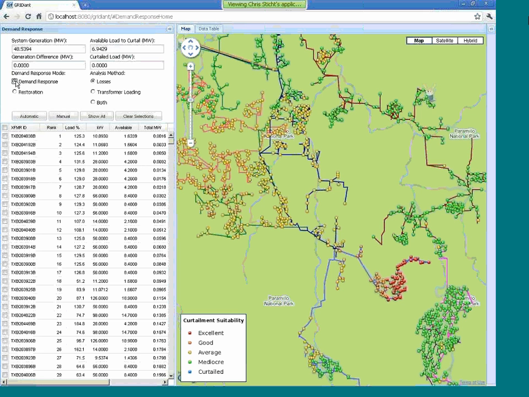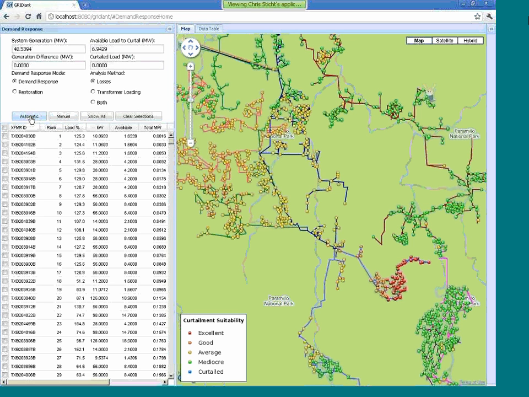From a utility point of view, they may want 1 megawatt of reduction in their generation. If they can get 1 1/3 megawatts for 1 megawatt of customer curtailment, that's more than they really wanted, and that extra third they could still be selling. So maybe they really just want to curtail 1 megawatt at the substation level.